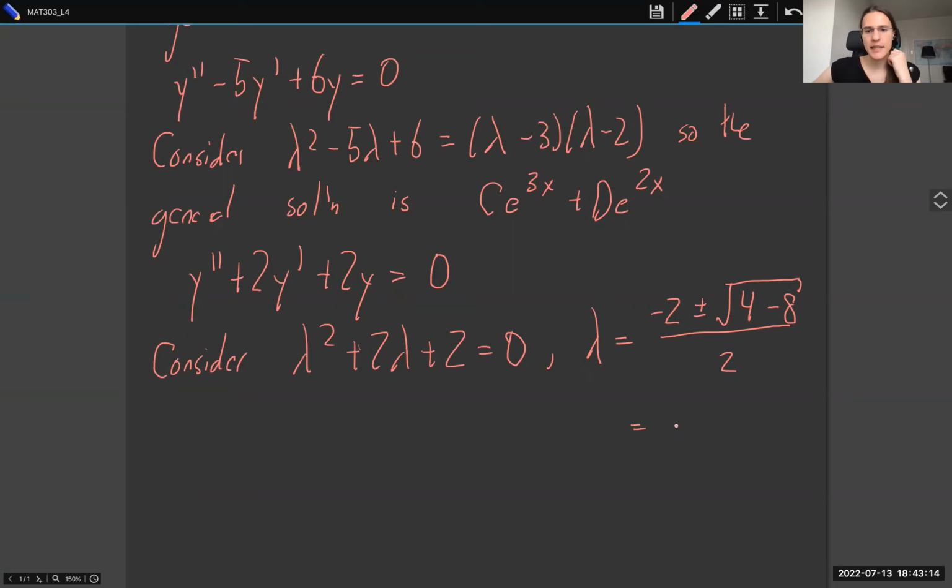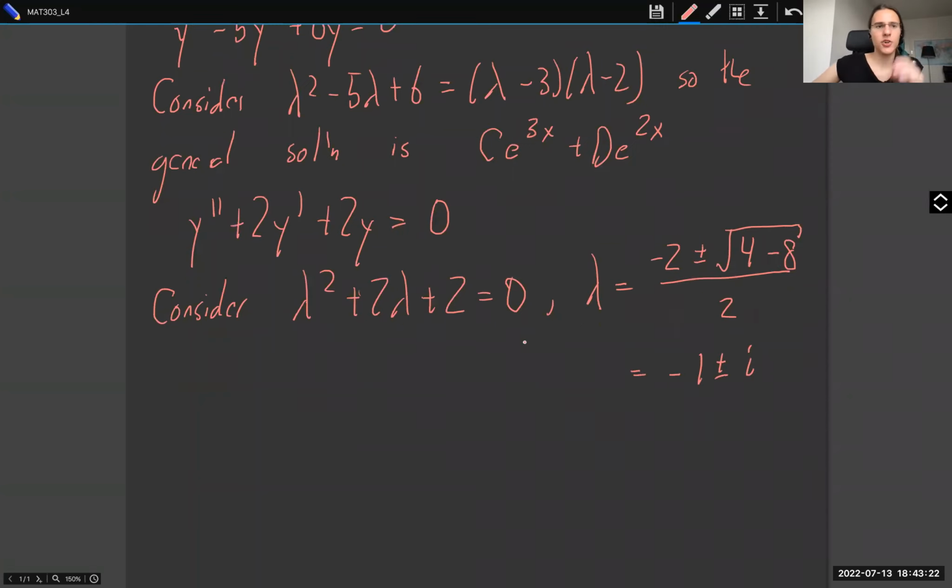So we get -1 plus or minus i. And so thus, the general solution is what?